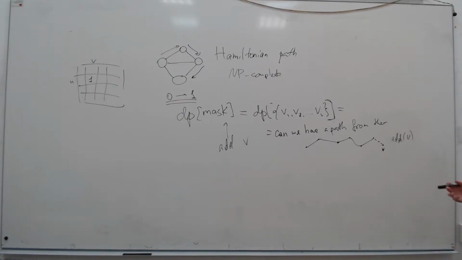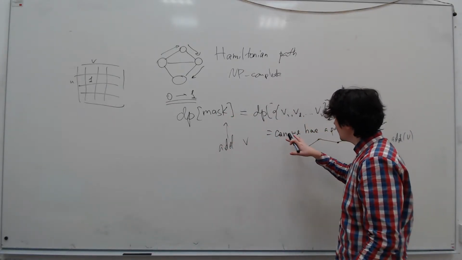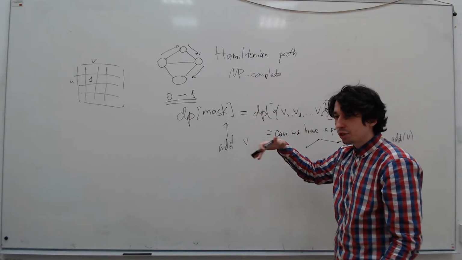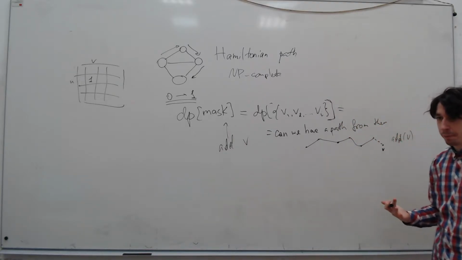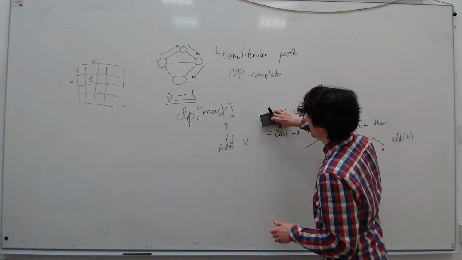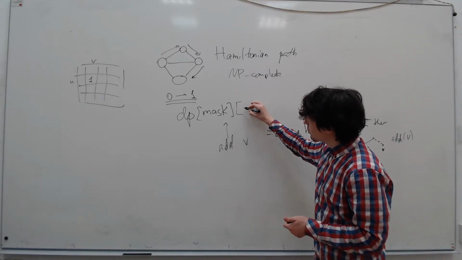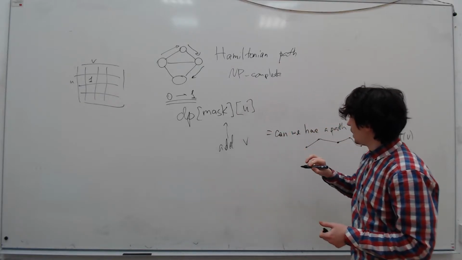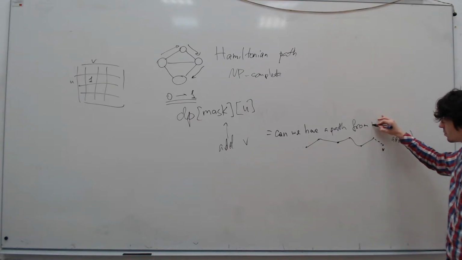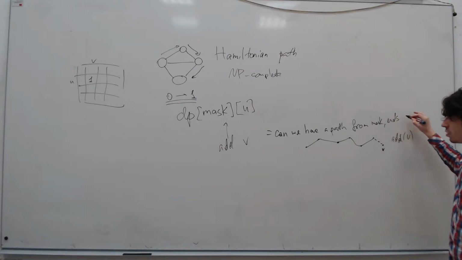Okay. Yeah. So mask is not enough for us. Because when we know that there is a path from this mask, we don't know the last vertex on this path. So we cannot add it. So for that specifically, we update our dynamic programming to this: can we have a path from mask and ends on u?